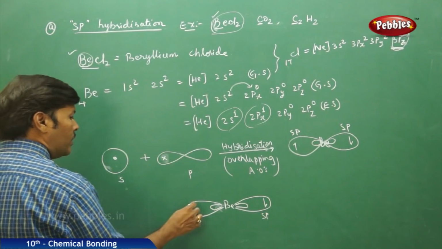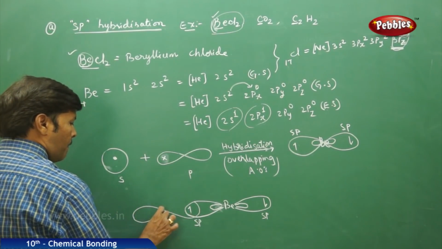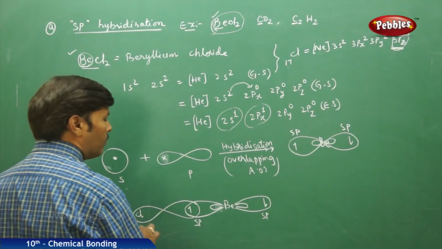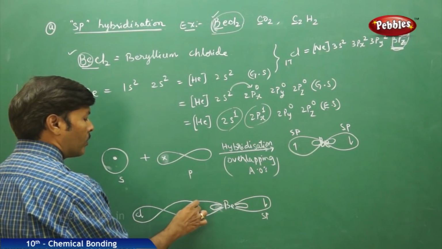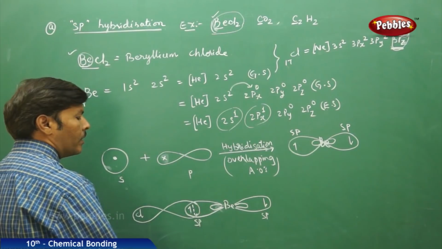So here I am noting one sp hybrid orbital of beryllium, and here also an sp hybrid orbital of beryllium, and take the two chlorines, one chlorine. This is chlorine, pure p atomic orbital, dumbbell shape. This pure p atomic orbital of chlorine contains one unpaired electron. That one unpaired electron is trying to form a bond.